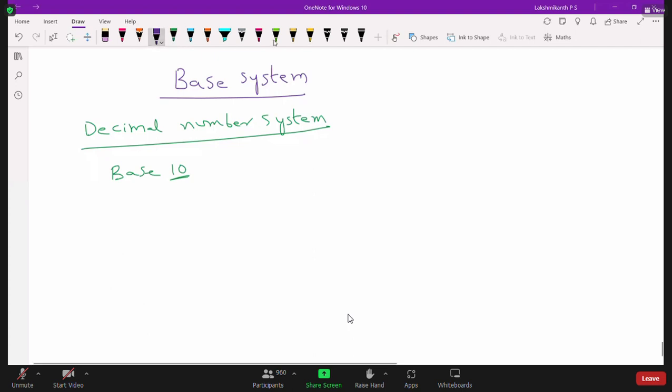For example, you take any number, let us say 542. This is a number in the base 10 system, so we write it with base 10.